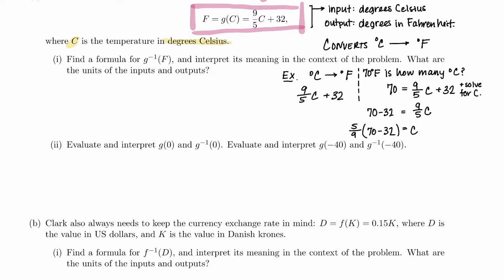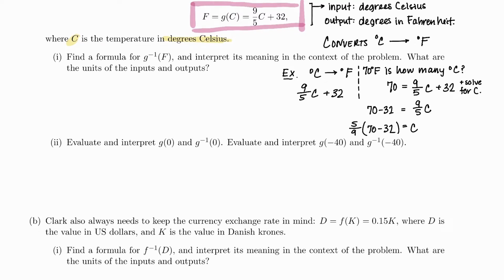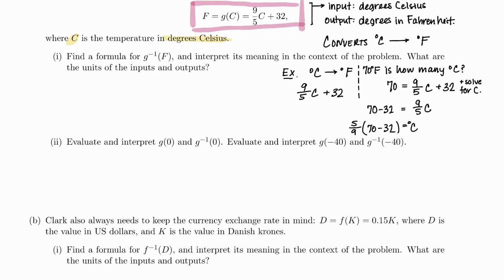This is how many degrees Celsius 70 degrees Fahrenheit is, whatever this number is. I don't have a calculator with me, so I'm not going to check. But what we've done here is exactly what part 1 of this problem has asked for.